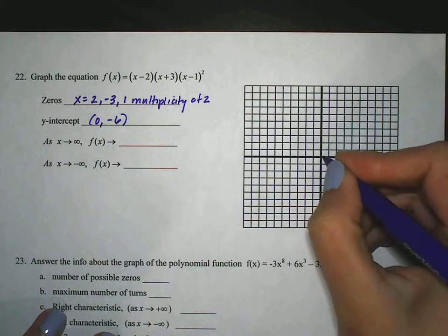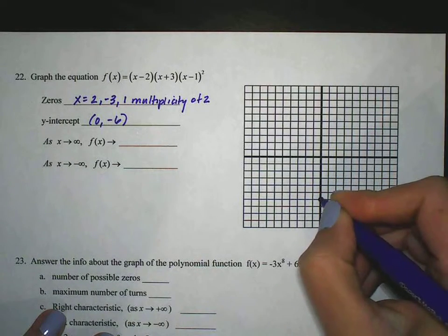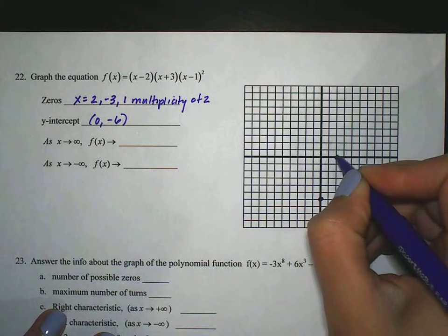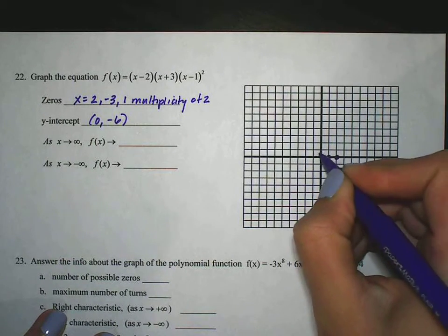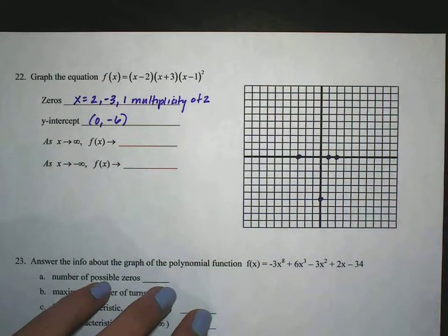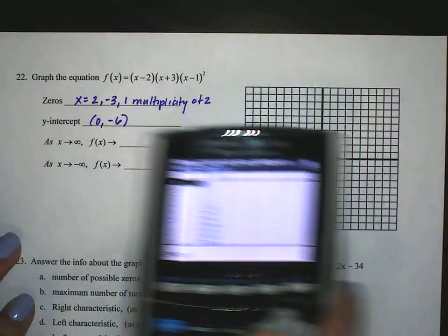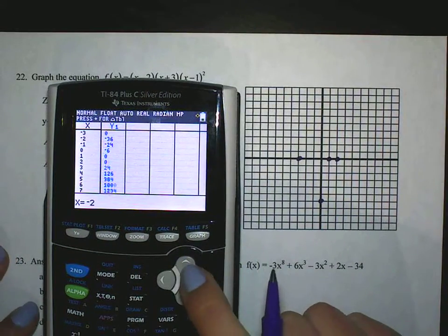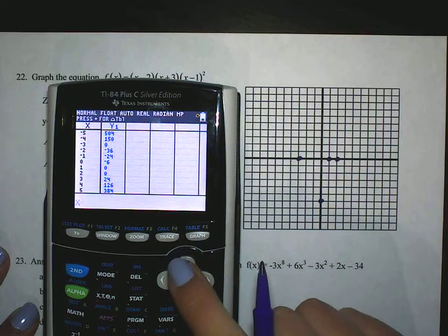So I actually have a few things to go ahead and plot. I have 0, -6. Okay, I have x-intercepts at +2, +1, -3. Okay, I'm going to grab a few more points off of my graph here and plot them. So let's see.